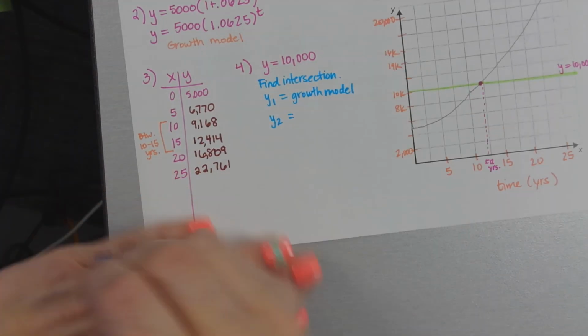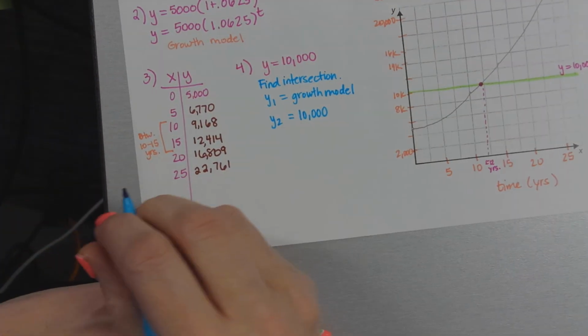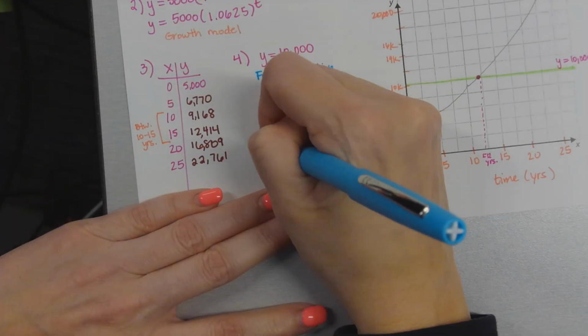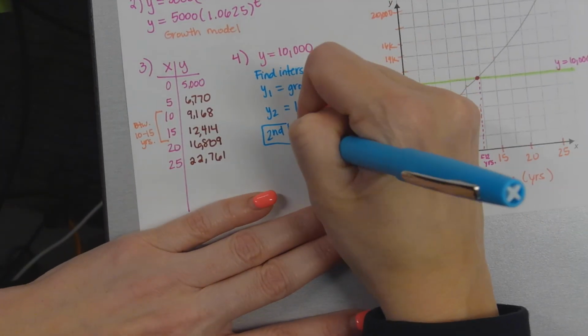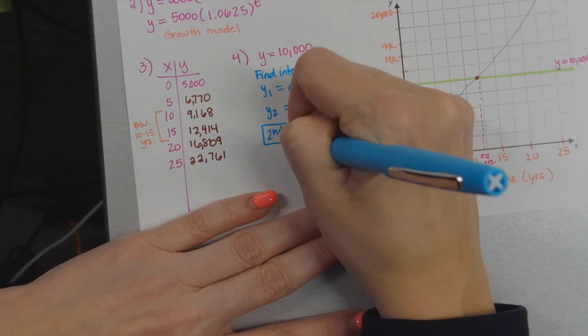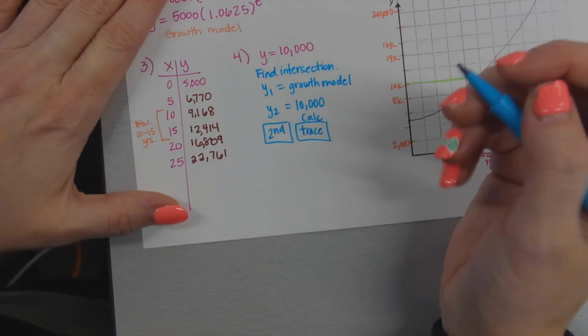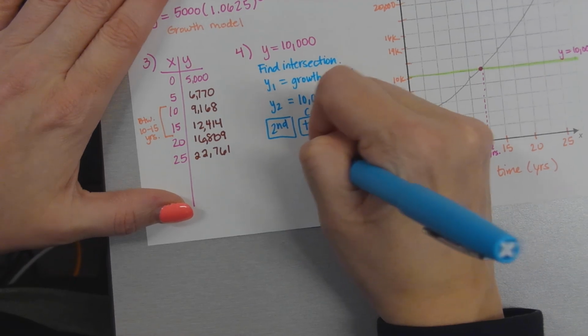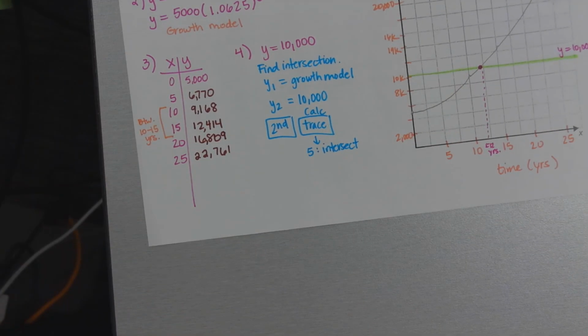In your Y2, you're going to put 10,000. And then we have used the intersect feature before. You can go to second and then the trace button. And there you will go to option 5, which says to intersect.